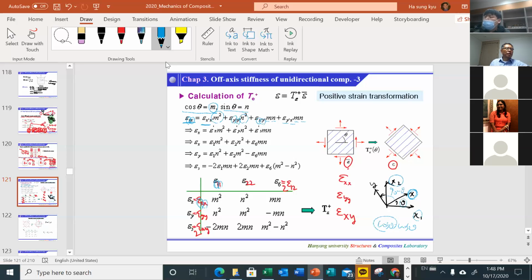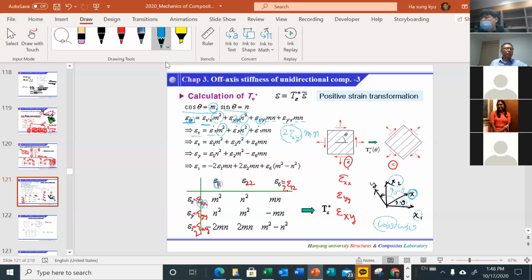So rearranging this term, it is simply now epsilon x prime is the epsilon x, and x prime now m square and n square, and here we have twice epsilon x prime y prime and m times n.